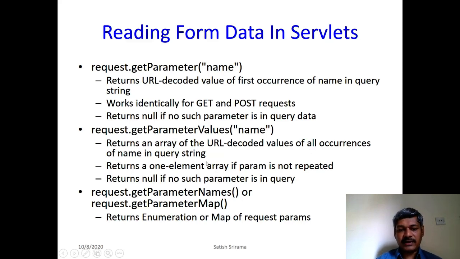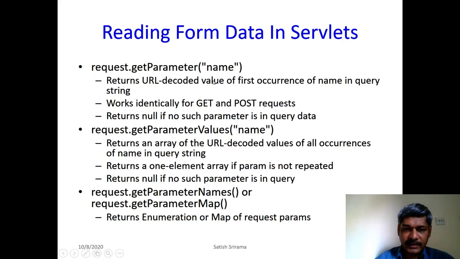So it will return an array with Windows and Linux. If the parameter is not repeated several times, it returns a one element array. And if the parameter is not in the query, it returns null. So both methods behave the same in this case.